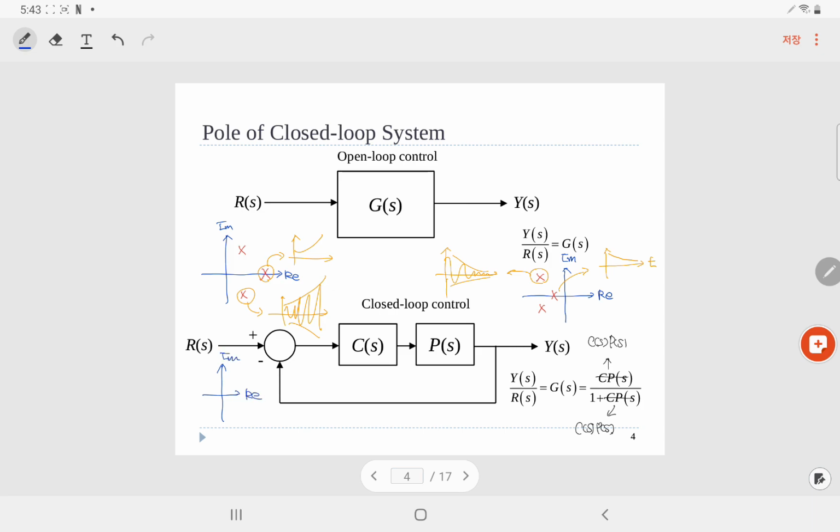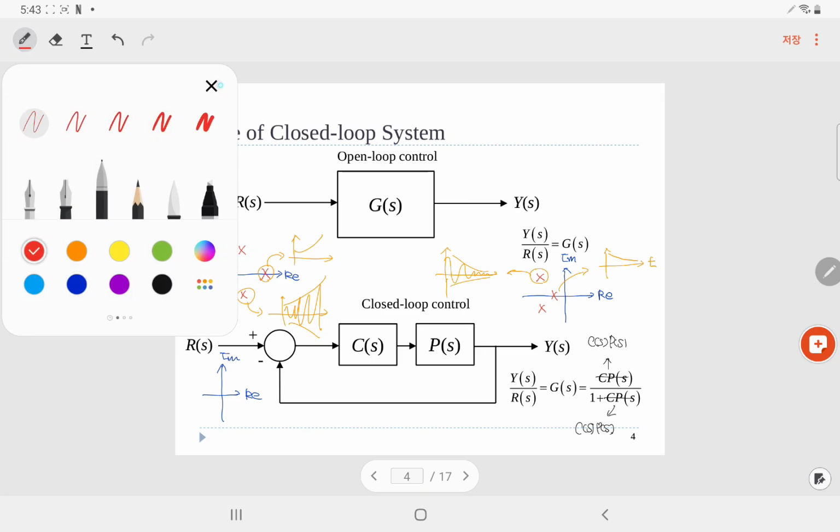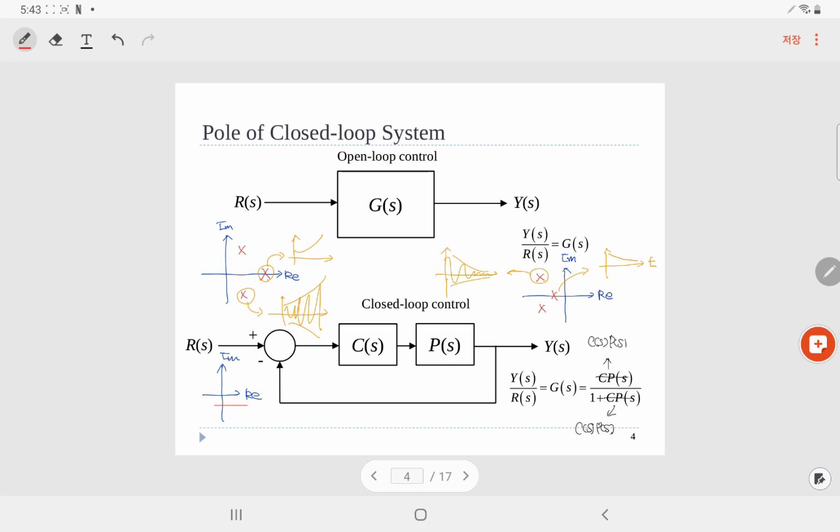This means the s-plane, and here we assume that a closed loop system has a total of four poles, but two of the four poles are located at the same position, the same location.